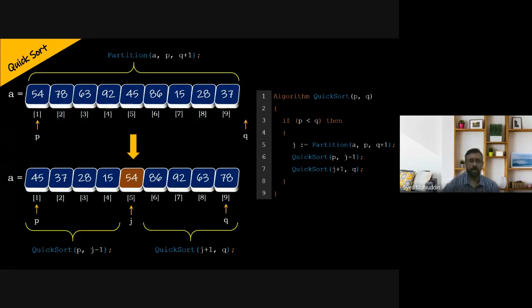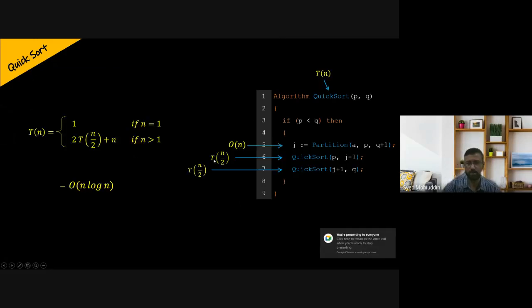Now let us try to analyze quicksort. Obviously this is a recursive algorithm, so we have to consider the recurrence relation. If quicksort takes T of n as the time, then the partitioning algorithm, as we have seen, takes O of n, that is n times. Then quicksort is recursively called on the left partition and right partition.